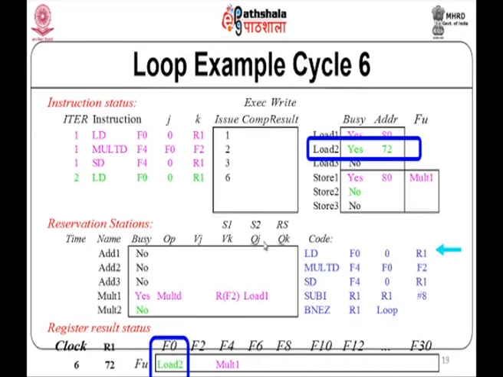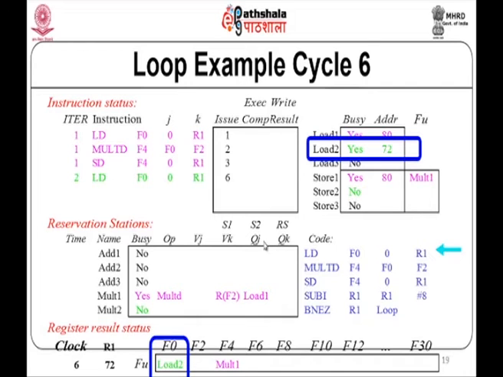And look at the fact that if you look at the register result status, you find that F0 is to be written by your load 2 instruction now. Earlier we had assumed that the load from the first iteration is to write into F0. Now we've overwritten that, and we are indicating that load 2 has to produce a result for F0. So, that is how this renaming process actually solves your output dependence also.